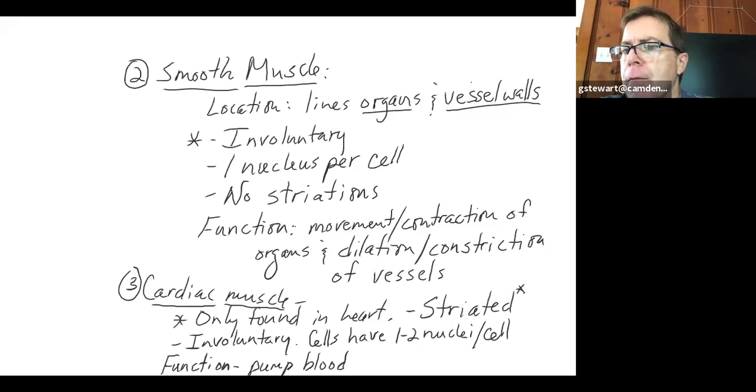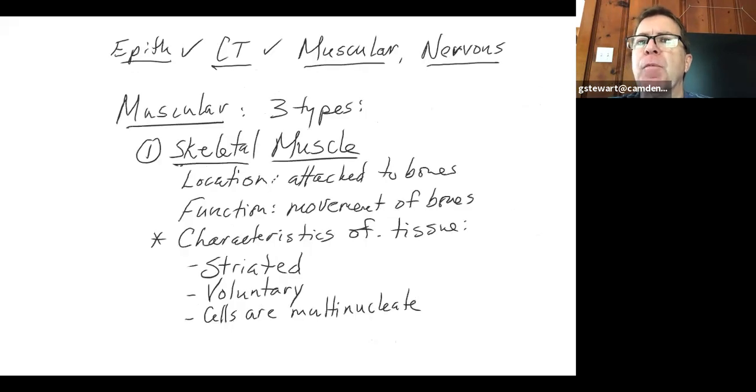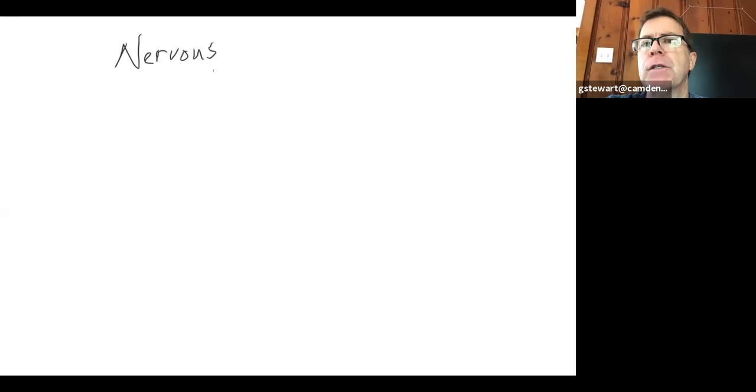So if I go all the way back to my second page here, now we've done muscular tissue. So I'm going to cross this off, we've done muscular. I'm going to say a few things about nervous next. So let's go to our 4th and final tissue, nervous tissue.